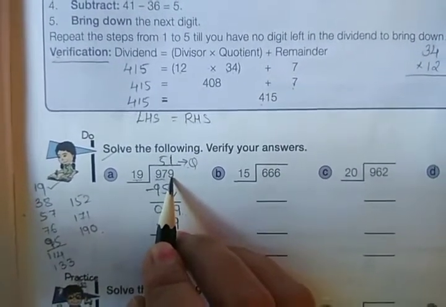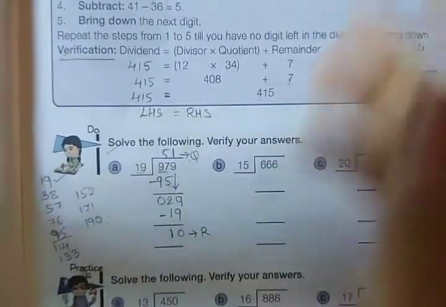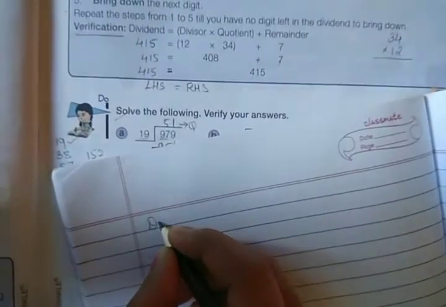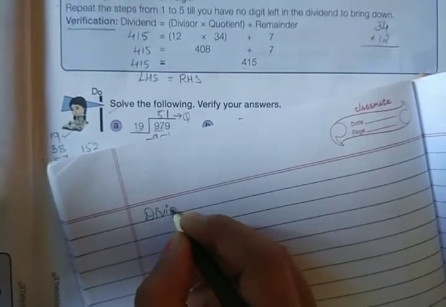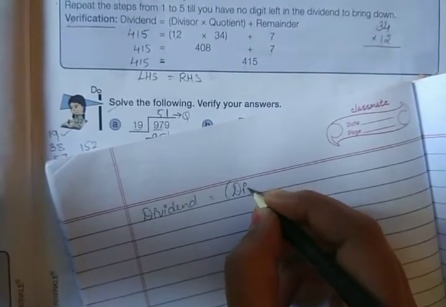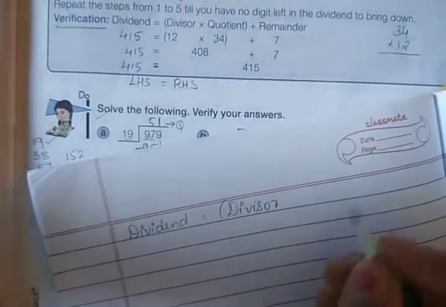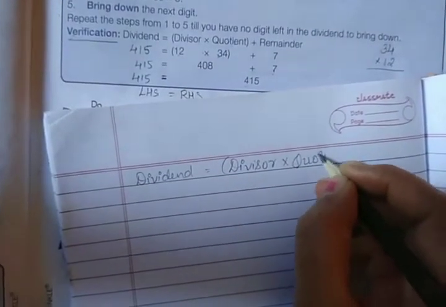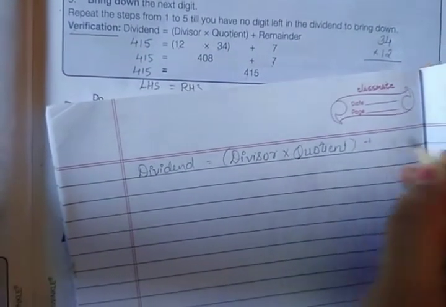979. Okay, now we have to check whether we have solved the correct sum or not, by using the formula. What is the formula? The formula is dividend is equal to divisor multiplied by quotient plus your remainder.